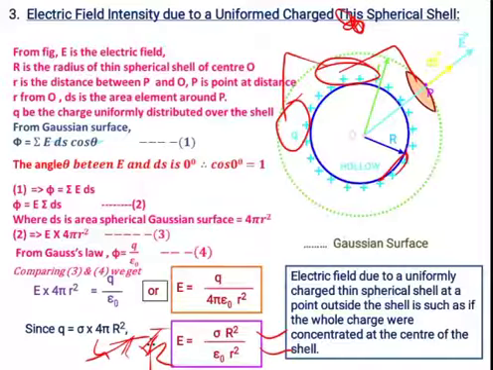This is the final expression: E is equal to sigma r square divided by epsilon naught r square.